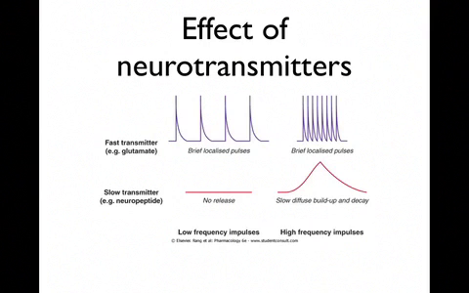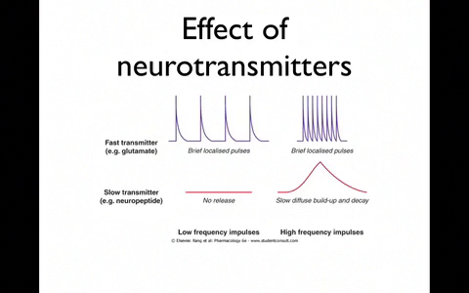discharge their contents. This is very different to a slow transmitter such as a neuropeptide, so substance P and CGRP. If you remember, we talked about peptidergic neurons, the C fibers. Half the C fibers are capable of releasing neuropeptides. With these neuropeptides, such as substance P, if the neuron is stimulated at a low frequency, the vesicles of neurotransmitter are quite far away from the voltage-gated calcium channels, and therefore the influx of calcium is not quick enough to set off the release of these vesicles.